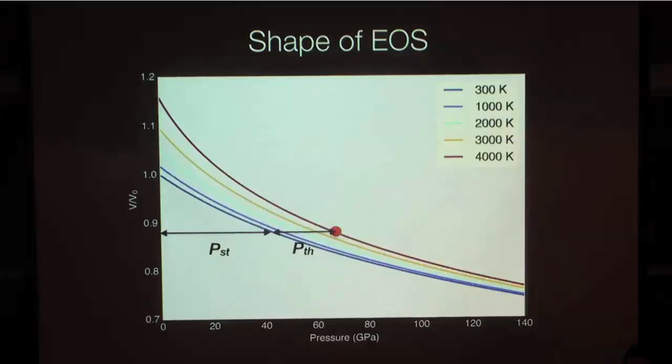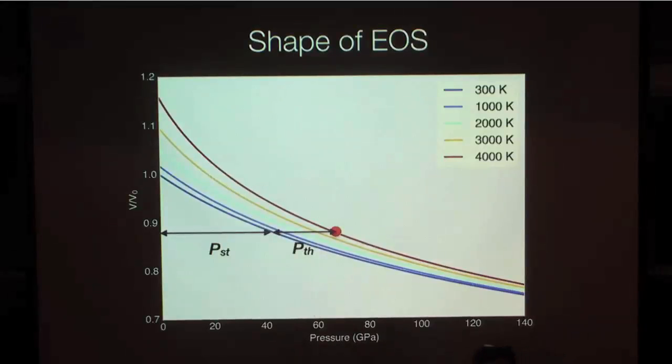A nicer way to describe this approach is that the 300 K isotherm is so much easier to measure in an experiment. You don't have to heat. You don't have to deal with that nasty thermal gradient, whatever problem you heard about the diamond cell. At 300 K, the temperature is always there. You don't have to control it, so you can measure this nicely. But then for the Earth's interior, you want to add the thermal effect.